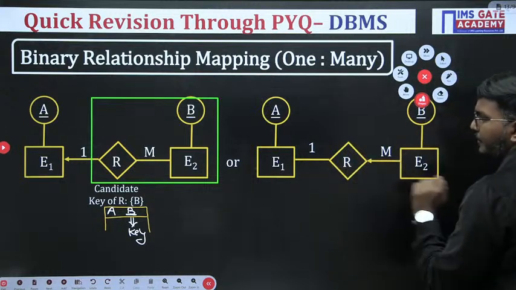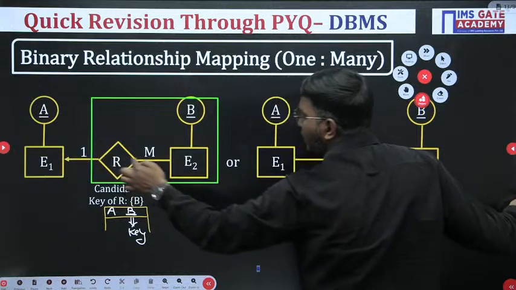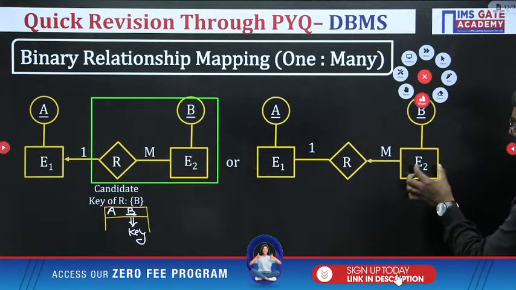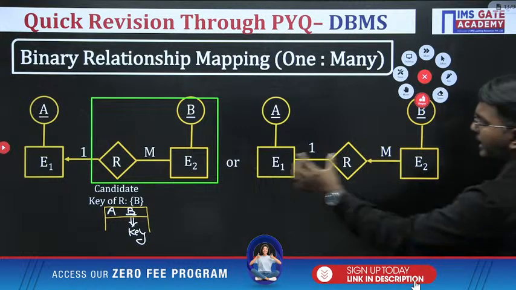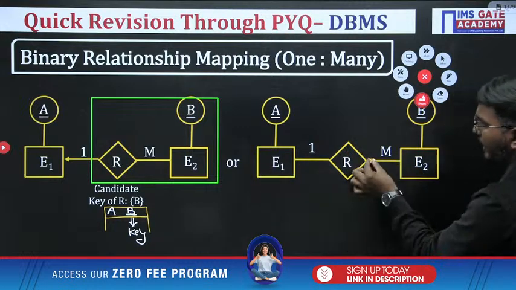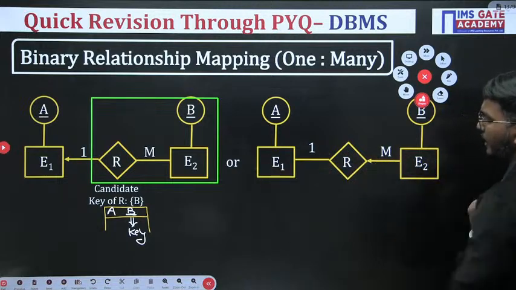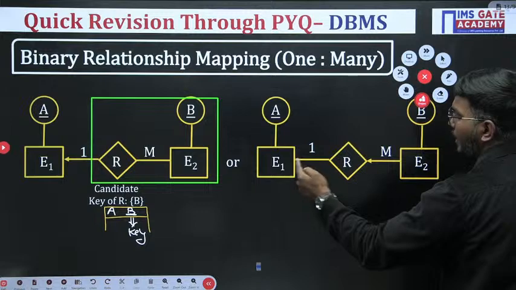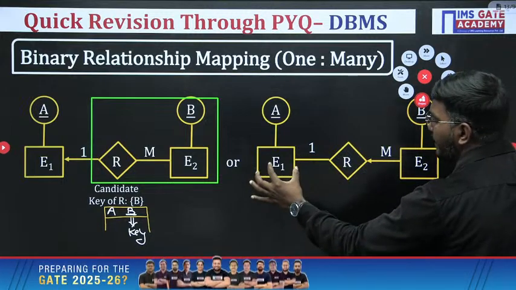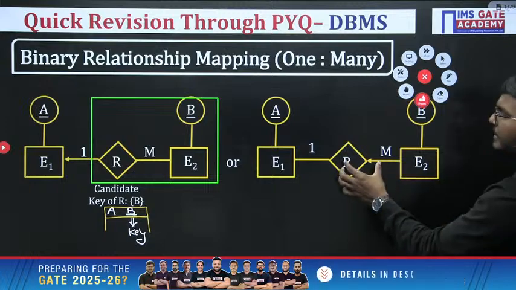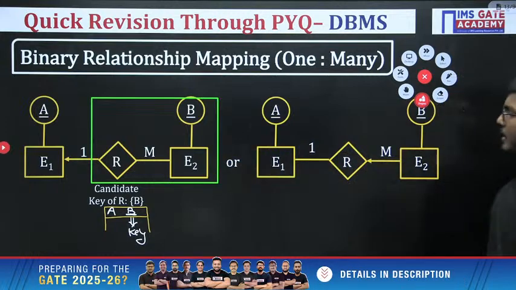If I keep this arrow here, then it defines that E2 is participating with E1 as a 1, or we can say the mapping from E2 to E1 is a 1 mapping. Now there is no arrow here, which defines that the mapping from E1 to E2 is a many mapping. Understood? So this is just a different representation of the given ER model.